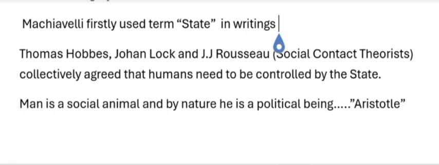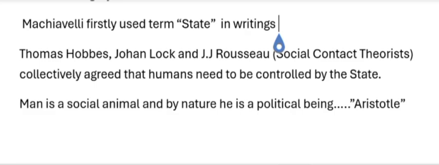He is considered a modern Western political Italian historian and philosopher who used this term for the first time in his writings as a state name, who considered this territory and named it the state.